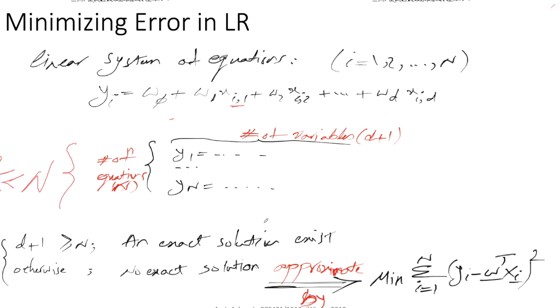Just like thinking about your credit card application, you might have 2 million customers as historic data, and 50 or 100 features representing those customers, like age, gender, residency, years in residency, current debt, and so on. So your N would be way bigger than your D.